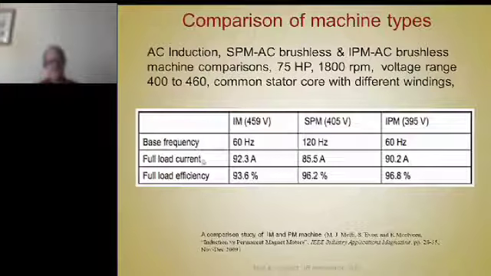So that's kind of effectively equivalent to, since you had to magnetize that part of the circuit for the reluctance torque component, it's almost the same current as what was required to magnetize the current for the induction machine.